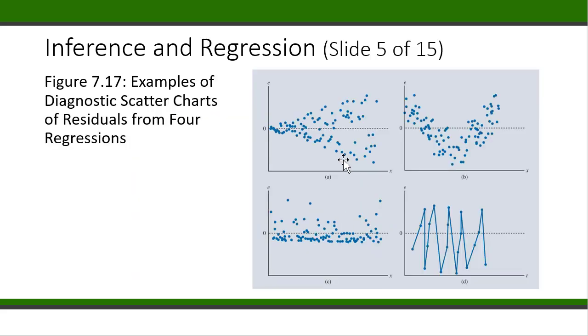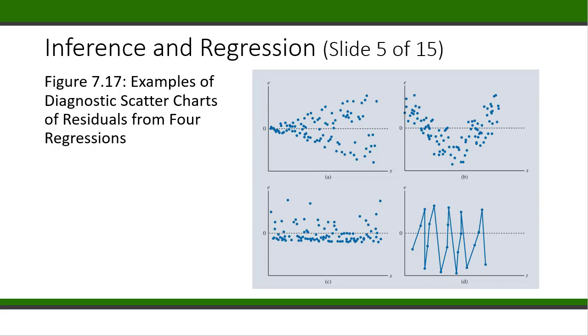So here are some examples of scatter charts for residuals on different regressions, and you can see they're not that random. There seems to be some pattern there. A lot of these are below, and then you got a lot that are above, so they're not closely around the 0 value. And here, this is all over the place.